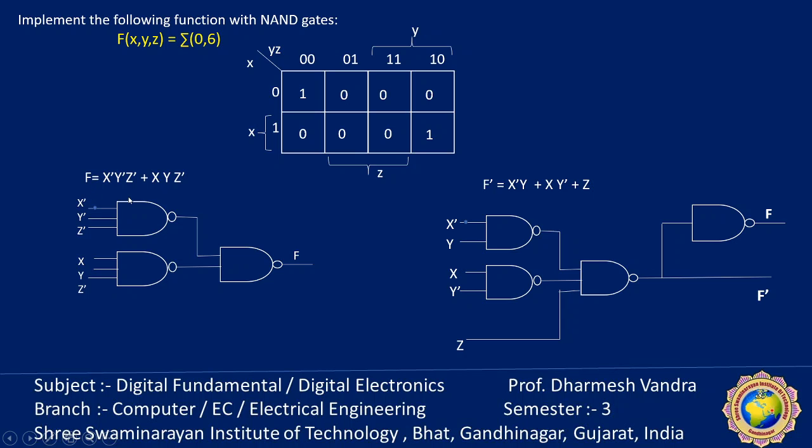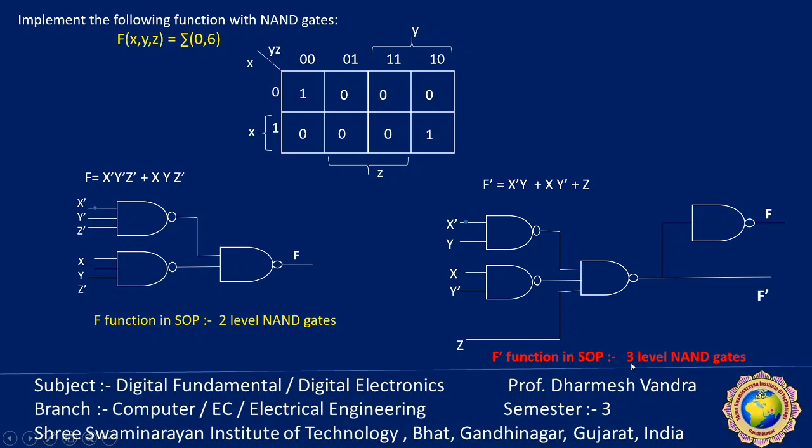While if I take f, it becomes a 2-layer circuit. So a function in sum of product is a 2-level NAND gate circuit. Remember that. If f is given, it is the left-hand side part, but if f' is given in sum of product, the level of gates increases by 1, and as the levels increase, it takes more time to generate f. 2 levels means 2 delays, 3 levels means 3 delays to generate f.